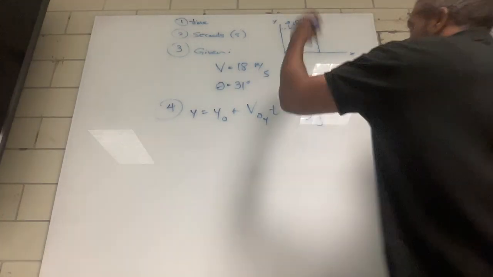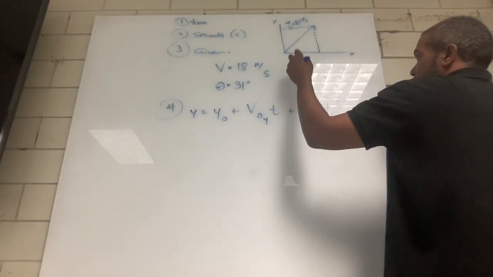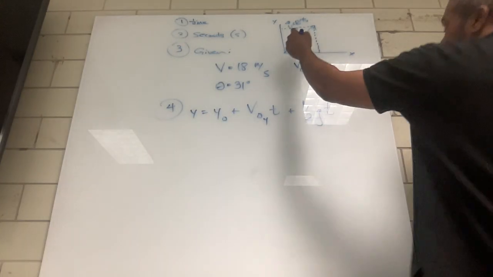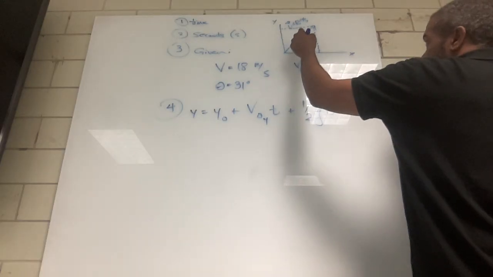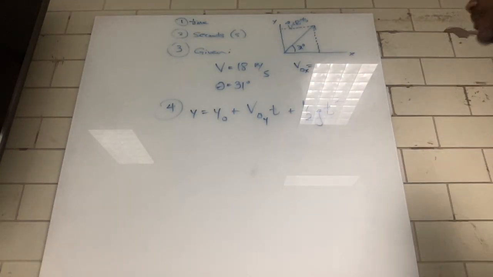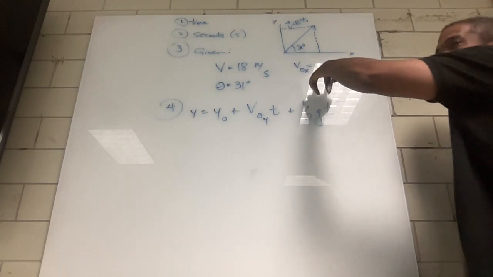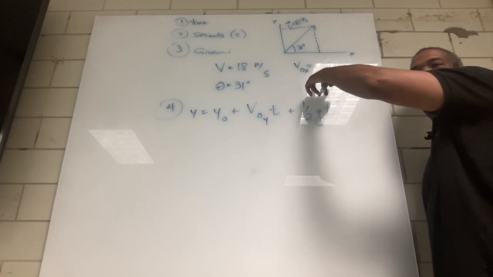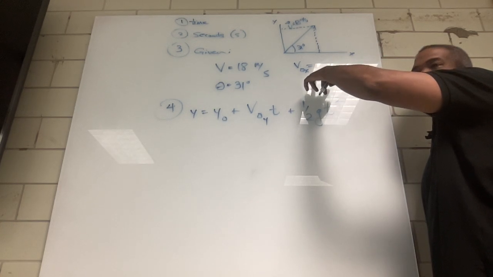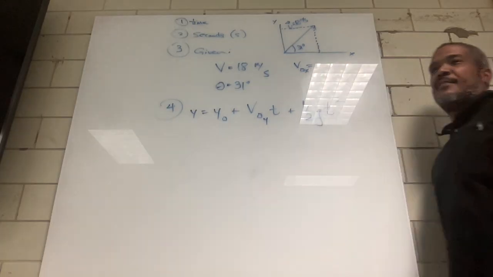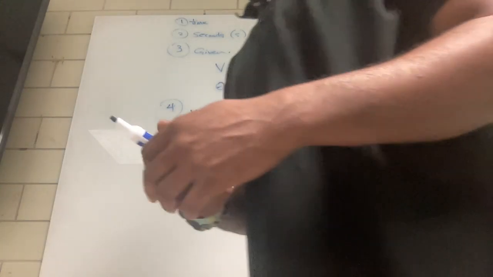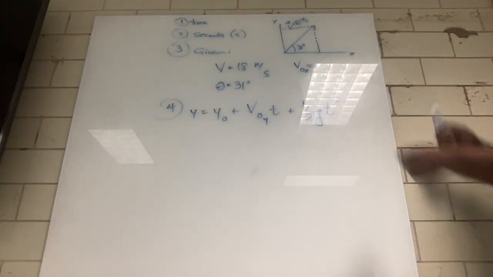So if we take our components, then we know that V0 in the x is, and this is 31 degrees, right? And we know V0 in the x is what? No. V0 in the x.